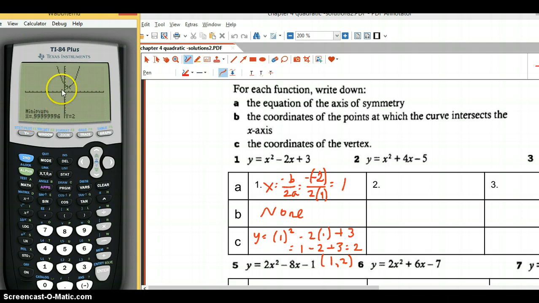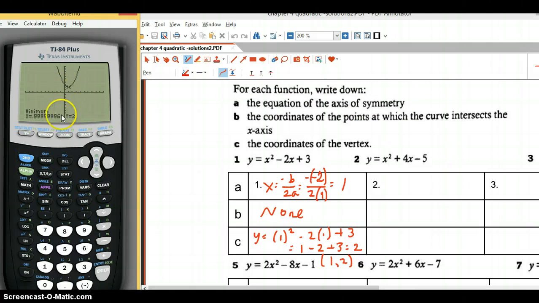So it gives me the coordinates of the vertex. Since it uses an approximation method, it doesn't exactly get you to 1.0. It gets really close, so actually 0.9999, and since this is a math studies problem, you can assume that that's going to be 1. So you could put 1, comma 2 for the vertex. And that's actually what they asked in part C, so we already had the answer for part C. For A, they ask what is the equation for the axis of symmetry.